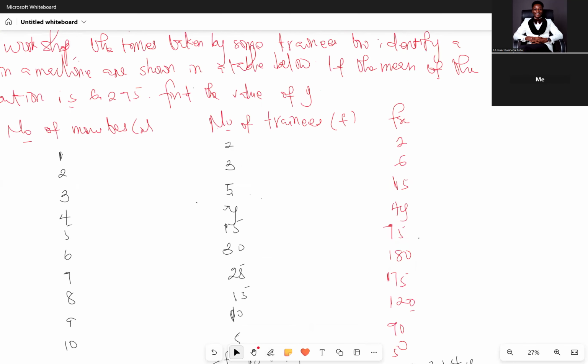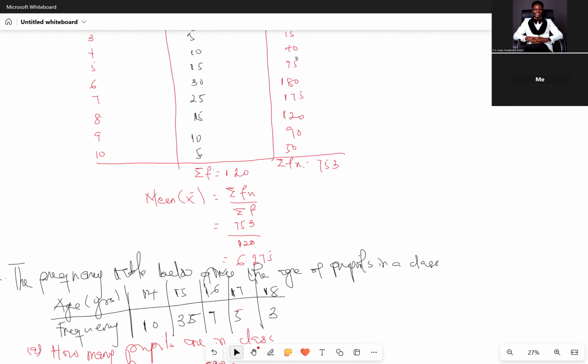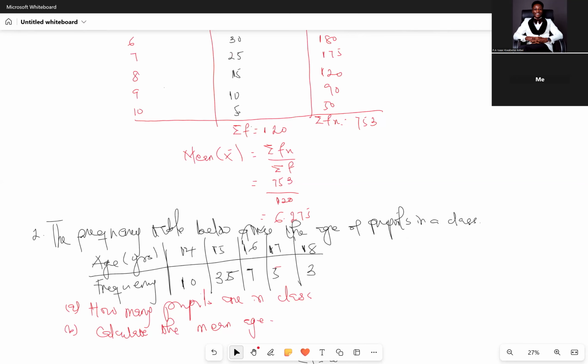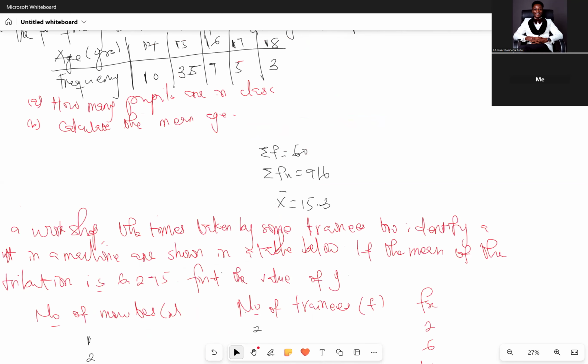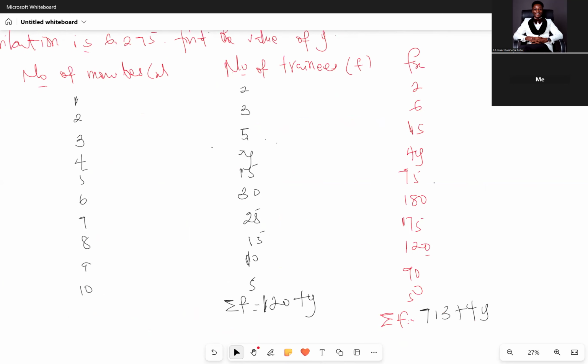Yes, sir. But in the previous question, the whole sigma f was what? This one is 110. Yes, it's 110. Doesn't mean y is 10. It's 110 plus y, not 120.